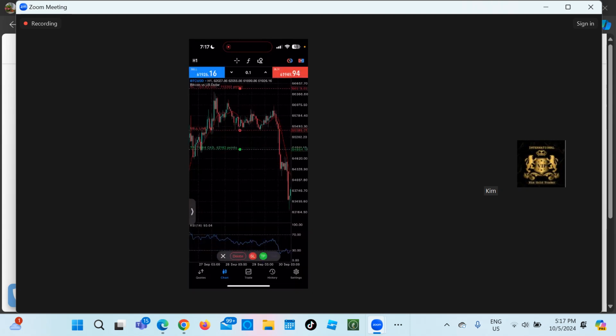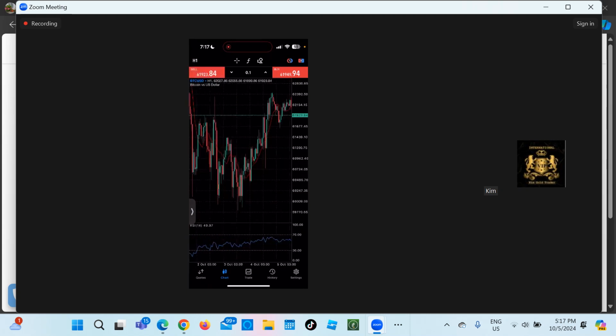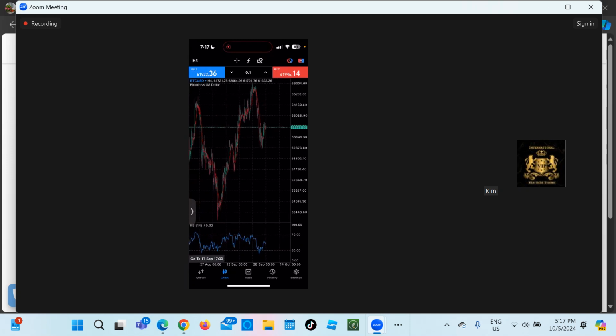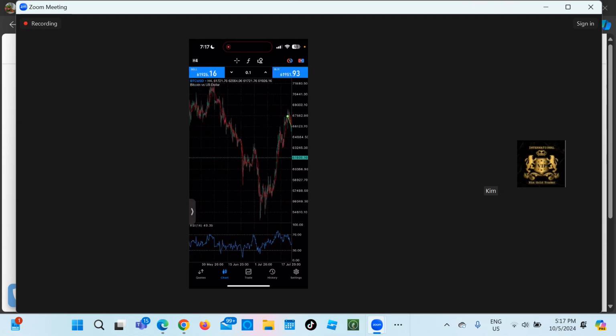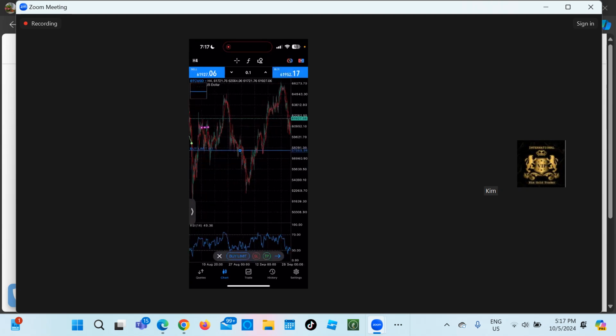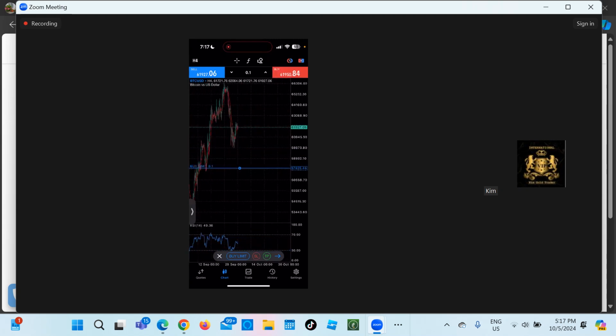Now, ngayon naman sa buy limit, I would place my buy limit order around this area. Normally, I would put my buy limit on a higher time frame, like for example H4 or H1.